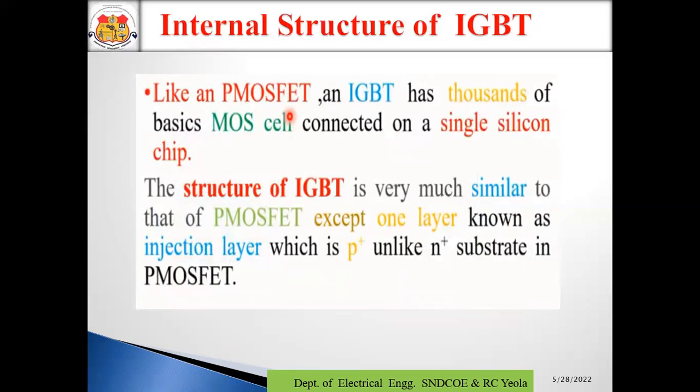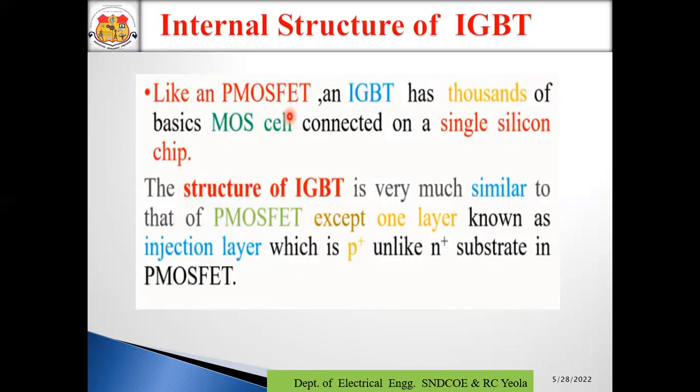Now the internal structure of the IGBT. The internal structure of IGBT is like a power MOSFET. An IGBT has thousands of basic MOS cells connected on a single silicon chip. So this is the concept of the structure of the IGBT, like a power MOSFET.